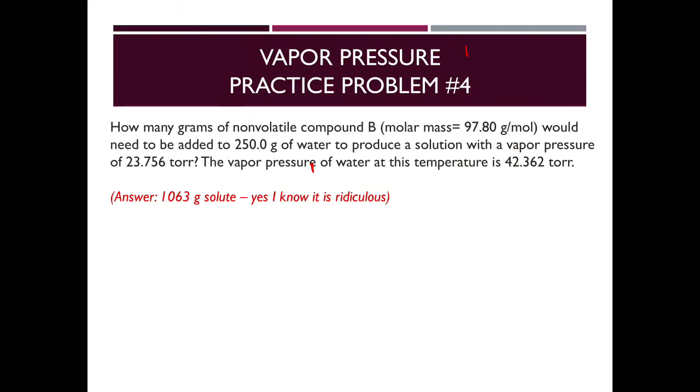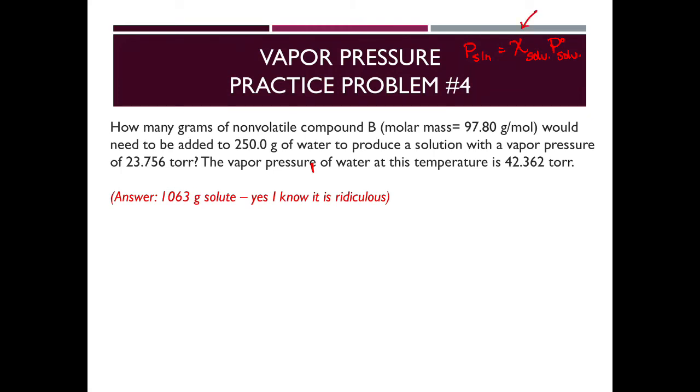So our equation is the vapor pressure of our solution is equal to the mole fraction of our solvent times our normal vapor pressure of our solvent. We need to figure out our mole fraction, essentially.